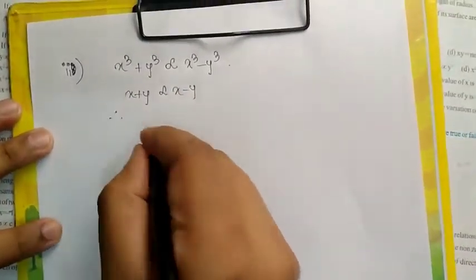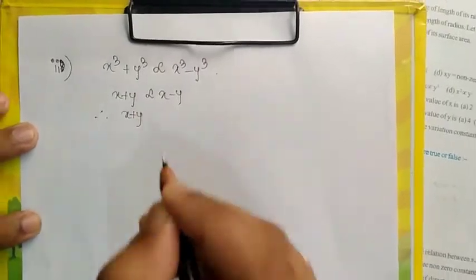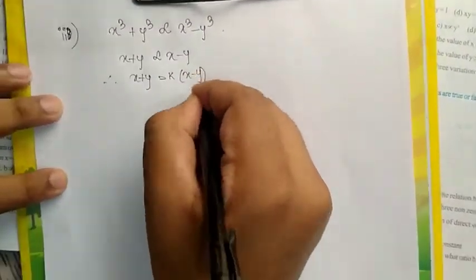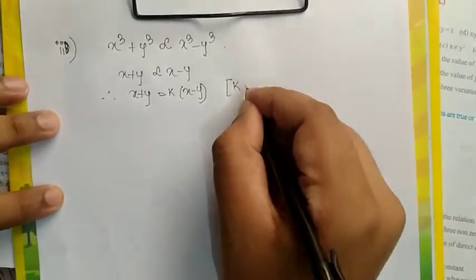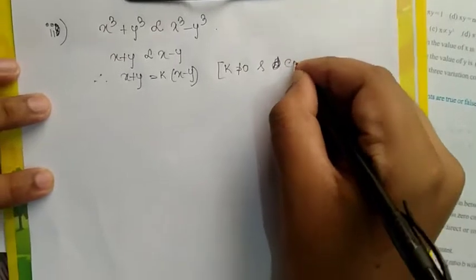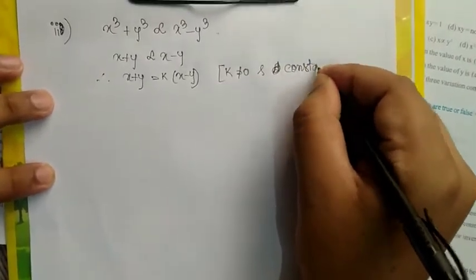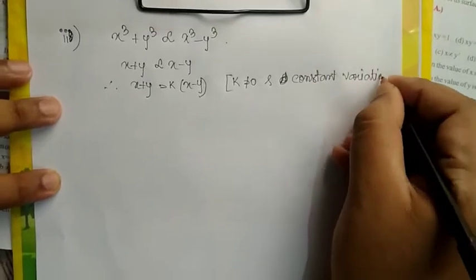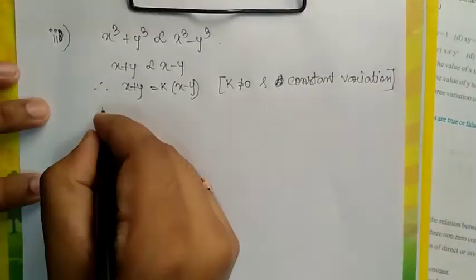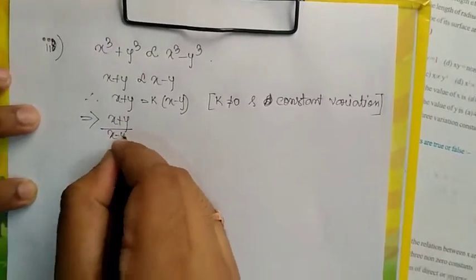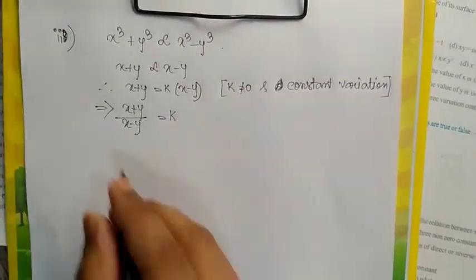So therefore we can write x plus y equal to k times x minus y, k not equal to 0 and a constant of variation. So after that we can write x plus y by x minus y equal to k.